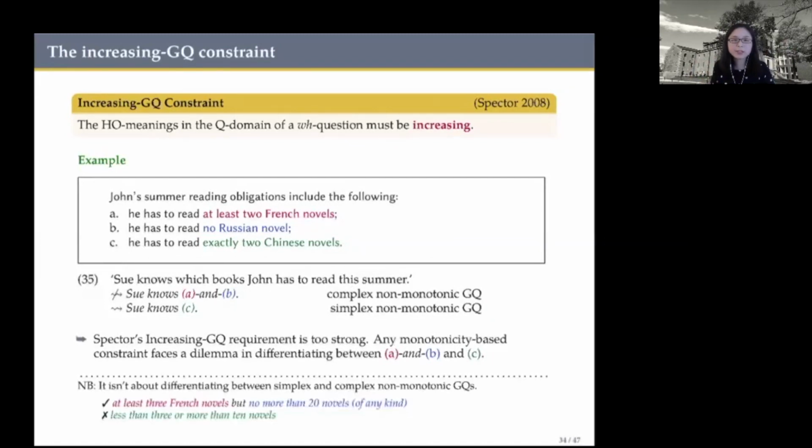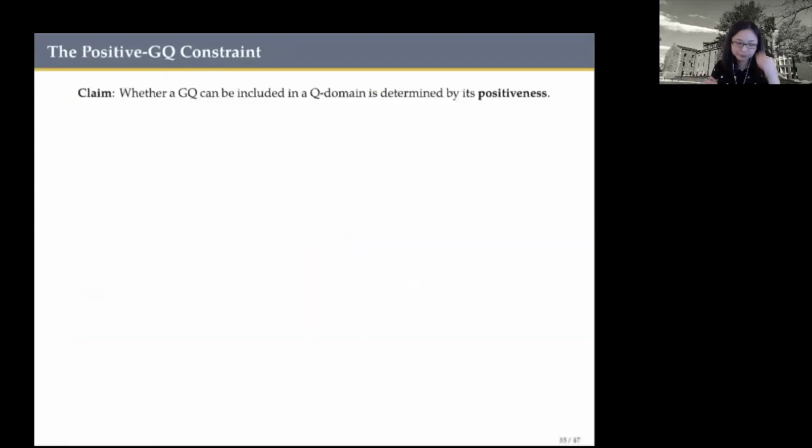I also want to mention that it's not just about differentiating between simplex and complex non-monotonic GQs, because we definitely have complex ones that should be included and simplex ones that should not be included. So I'm going to claim that whether a generalized quantifier can be included in the Q domain of a question is not determined by its monotonicity. Instead, it's a property which I will refer to as positiveness.